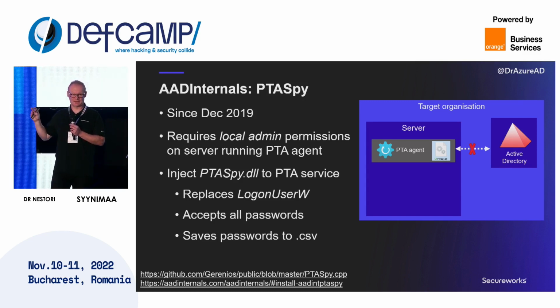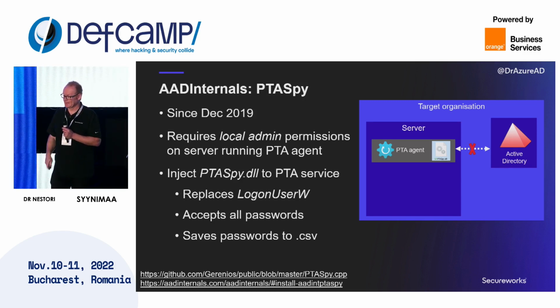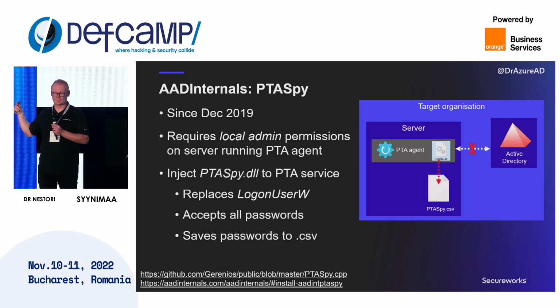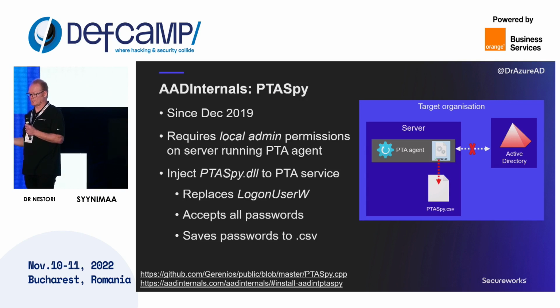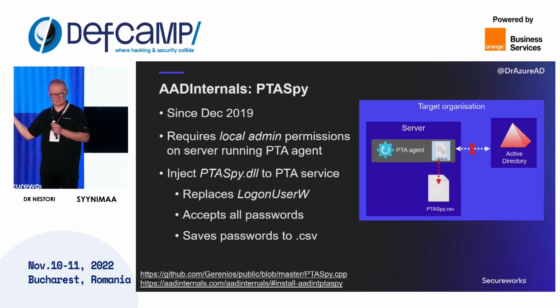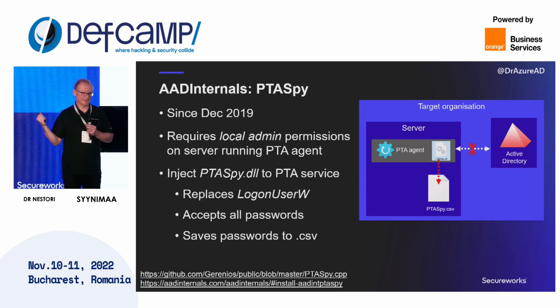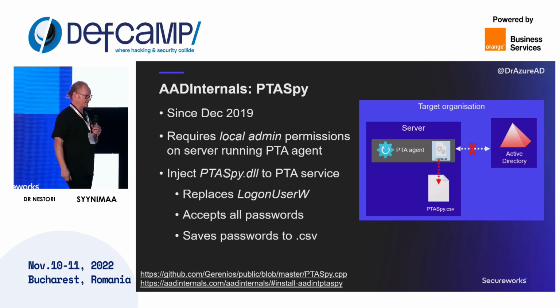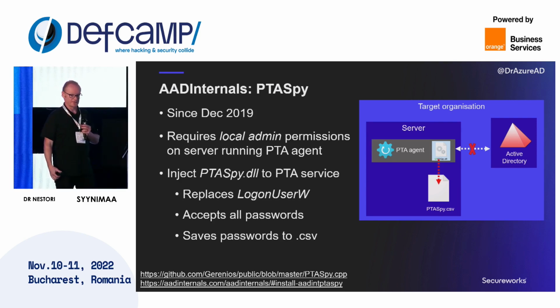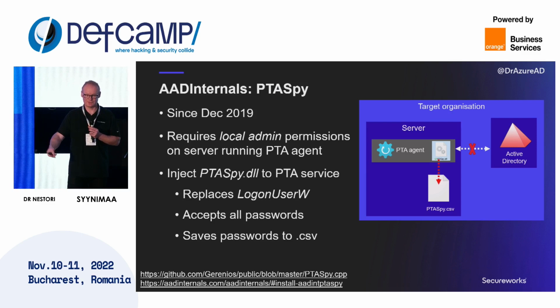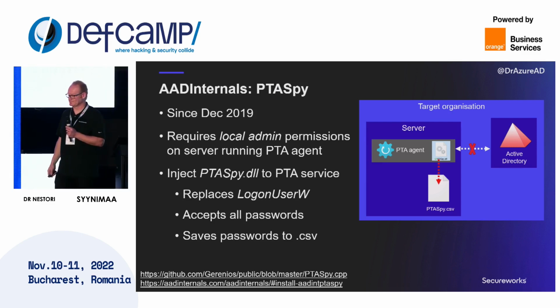It's just accepting every password you give it. And it also saves all the credentials to a local CSV file. I heard that APT29 has been using this actual PTA Spy for gathering credentials, but also as a backdoor, because it accepts every password, so you are able to log in as any user you want, right?